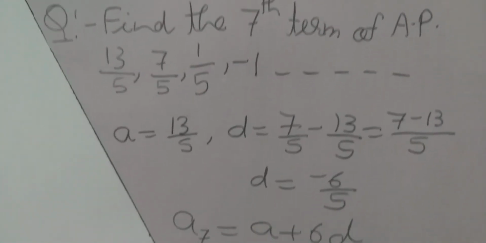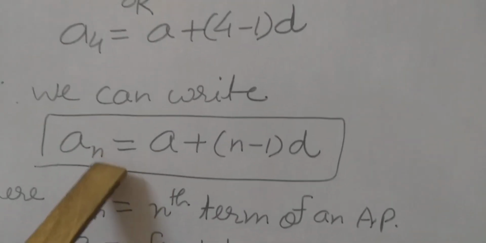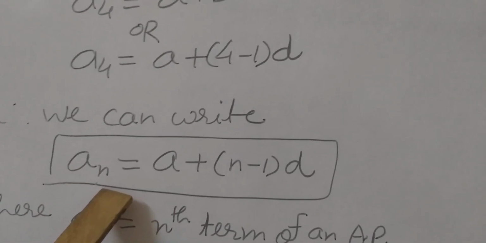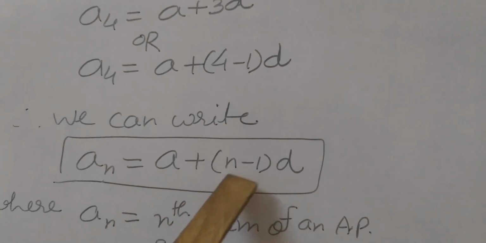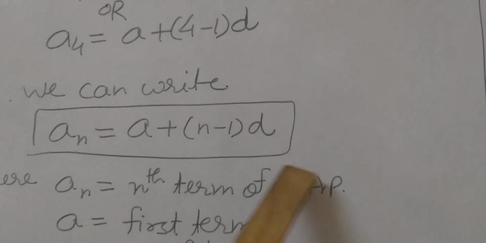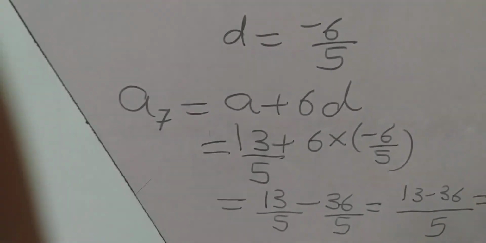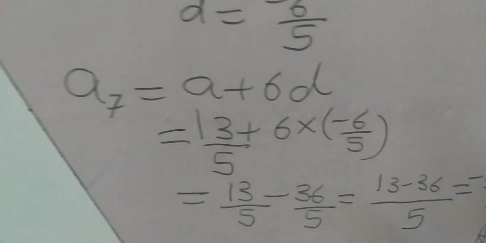Now we have to find A7, so here we have to write 7. A7, the seventh term, equals A plus (7 minus 1)D. So A7 equals A plus 6D. That's why I have written directly A7 equals A plus 6D. So students, you will remember this.